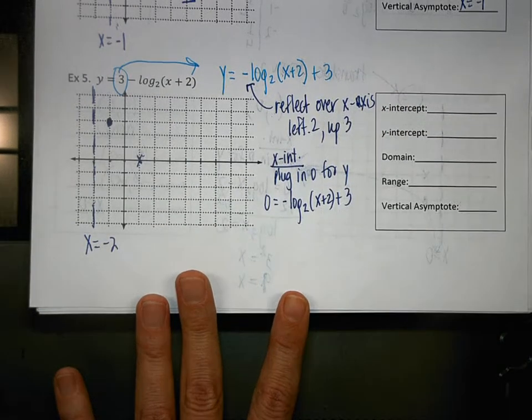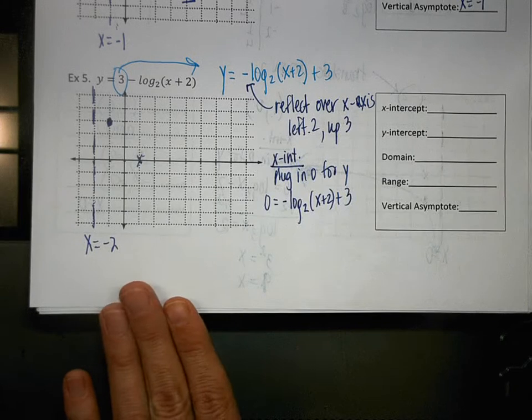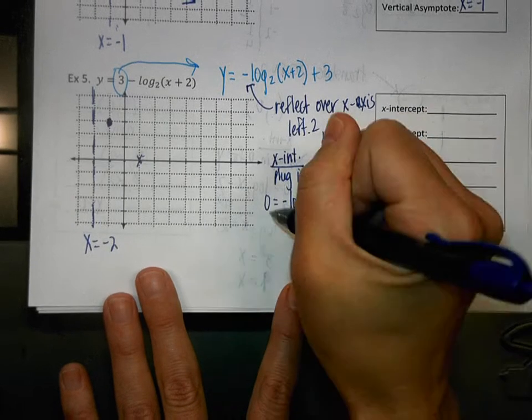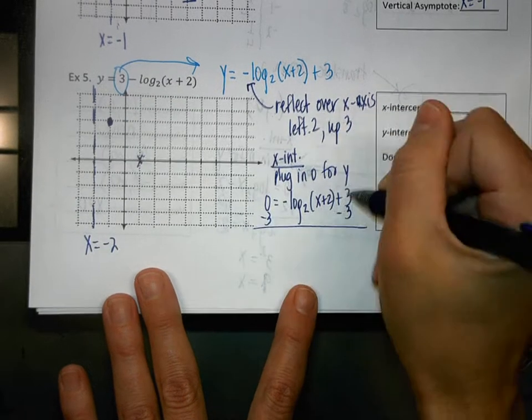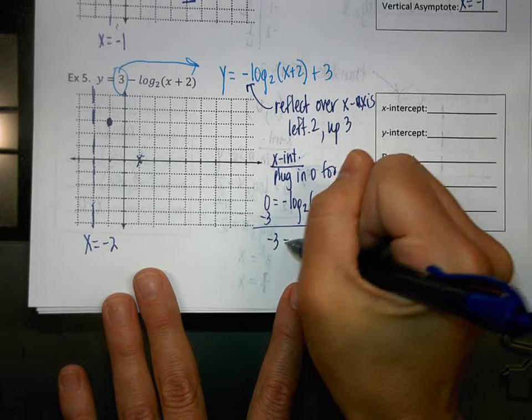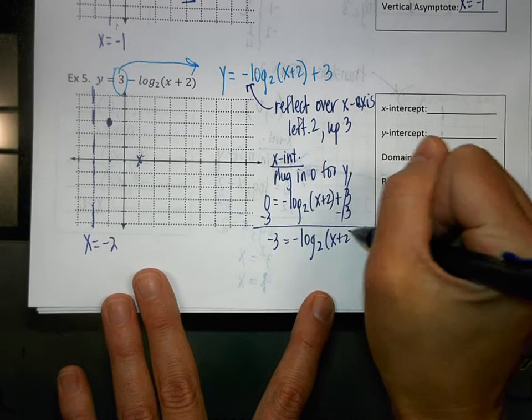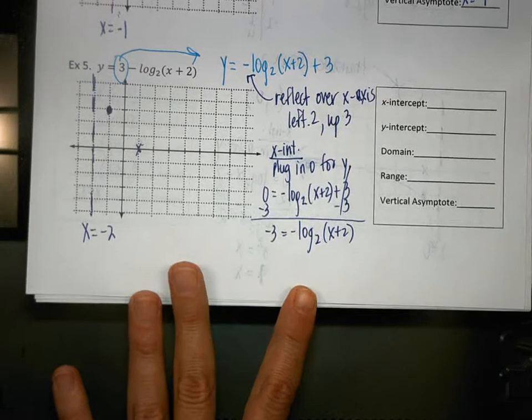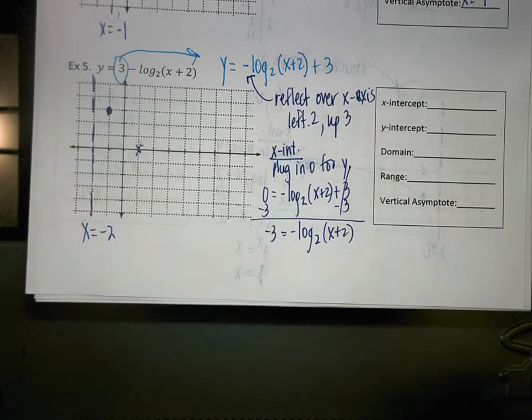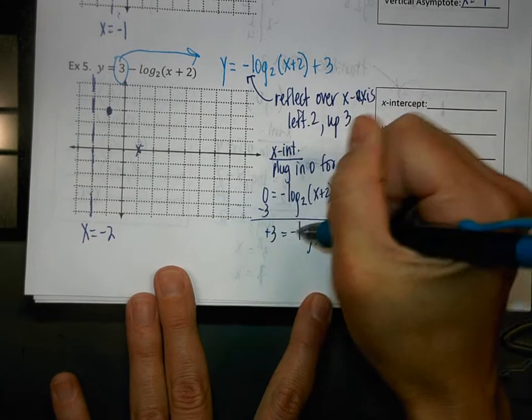What will I do first? Subtract 3. So I have negative 3 equals negative log base 2 of (x plus 2). Since it's negative on both sides, negative divided by negative ends up making a positive. So I'm just going to change these to positives.